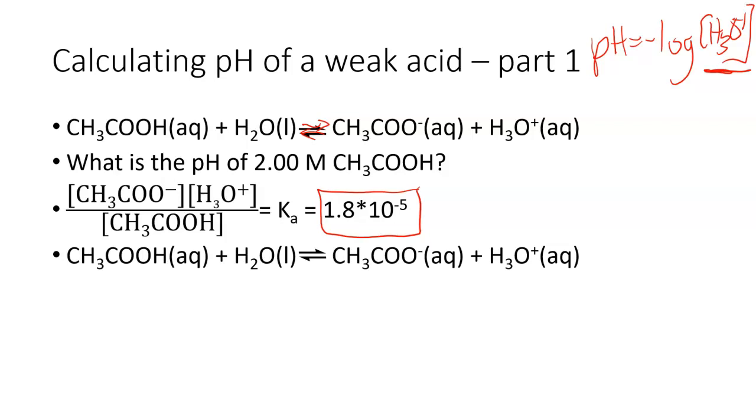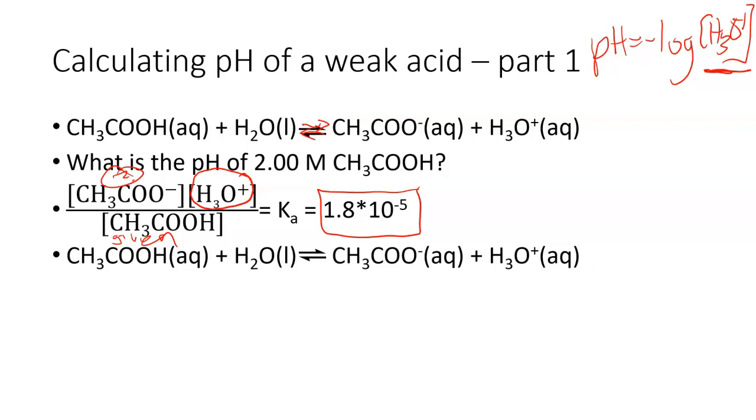So let's look back at this balanced equation. So we have it at equilibrium. Now, we want to find our H3O plus, right? We know the CH3COOH, so this is given, but we don't know the CH3COO minus, the acetate ion concentration.